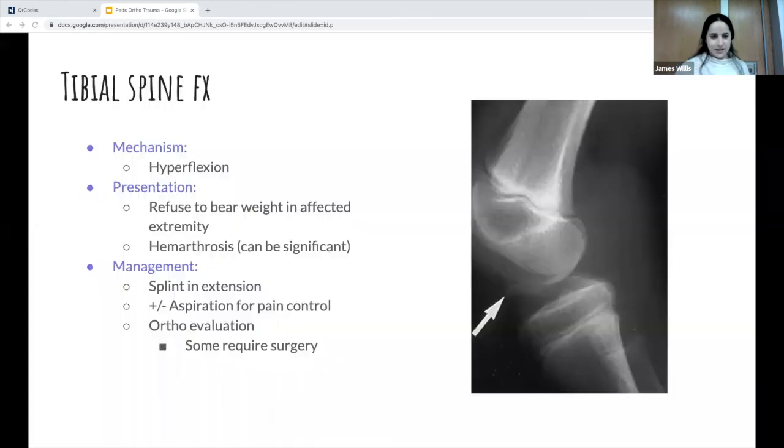Tibial spine fractures: usually the mechanism here is hyperflexion. The patient is going to refuse to bear weight on the affected extremity, and they can have significant hemarthrosis. Management is splinting in extension, plus or minus aspiration of the joint for pain control, and ortho evaluation because some might require surgery.